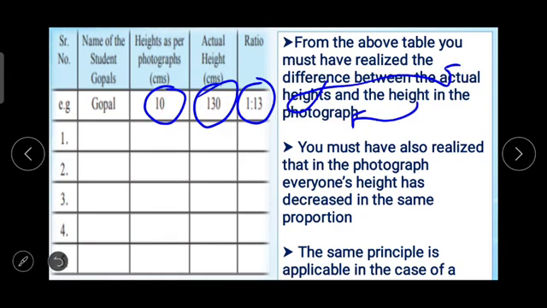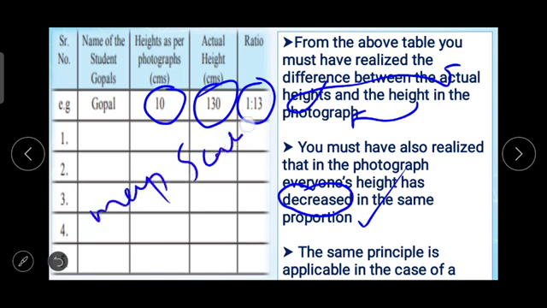This is nothing but the actual distance between two places and the distance between the two places on the map. So you must have also realized that in the photograph everyone's height has decreased in the same proportion. So the same principle is applicable in the case of a map scale.